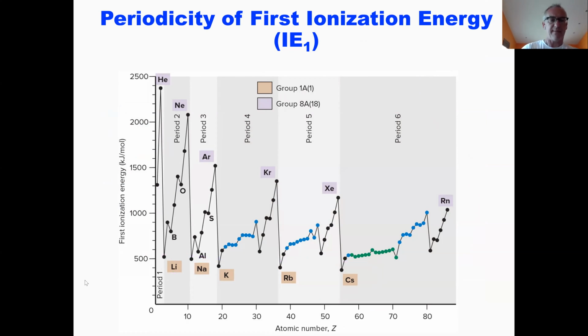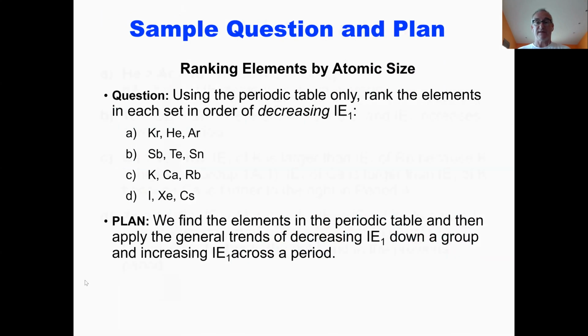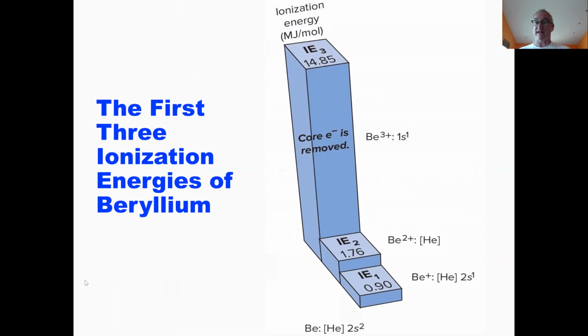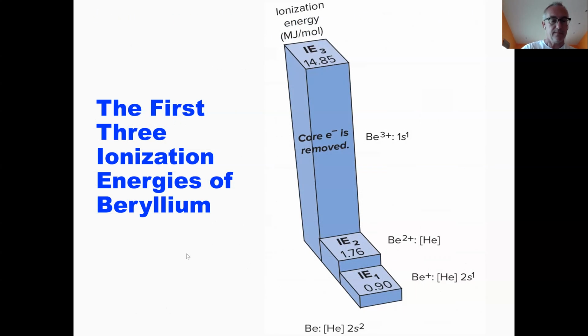But what happens when it's time to steal the next one? That is how we can see how many valence electrons and how many core electrons an element has. Now this is beryllium. How many electrons does beryllium have? What's the atomic number of beryllium?